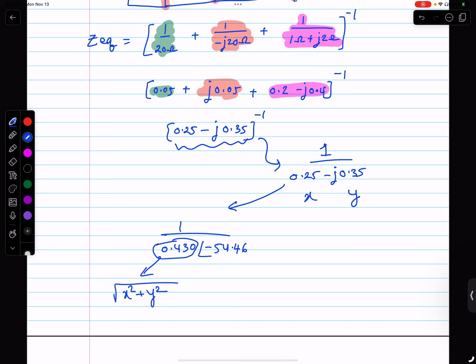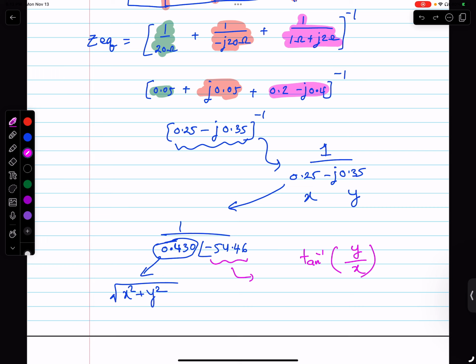So this part represents the magnitude. The magnitude comes from the square root of x squared plus y squared. Where is this part coming from? This comes from tangent inverse, or arctan, of y over x, where y is this negative 0.35 and x is 0.25. Plug that into your calculator.